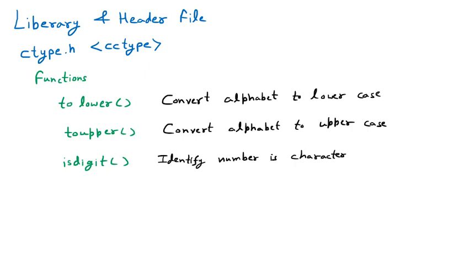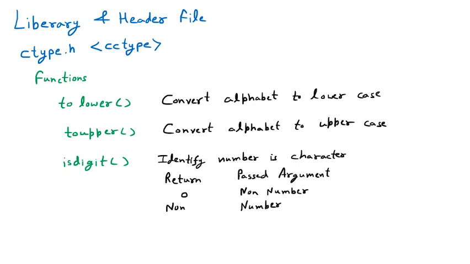Now what does it return? If you pass a non-number value, let us suppose you pass the alphabet A, B, C, it will return 0. But if you pass a number, let us suppose 1, 2, 3, it will give you a non-zero value.